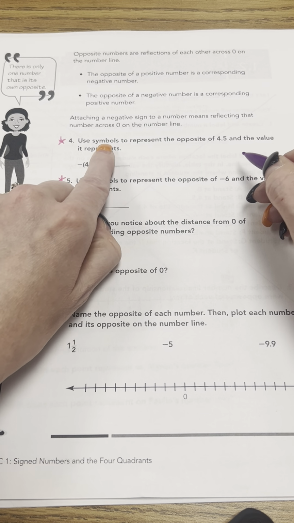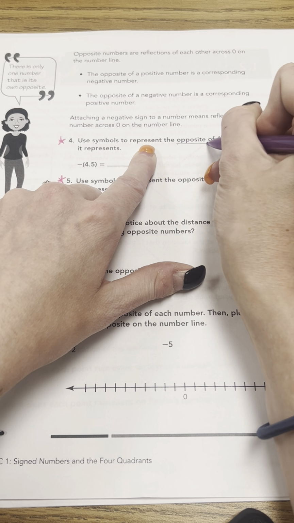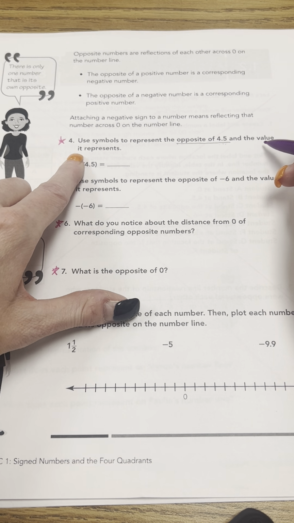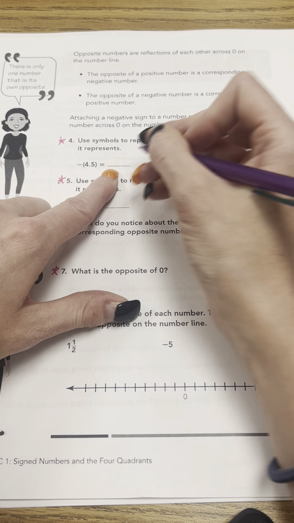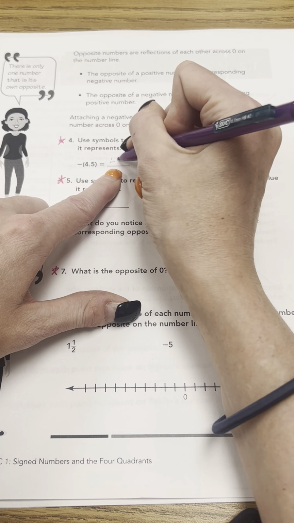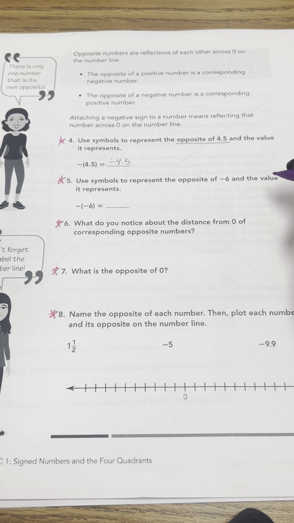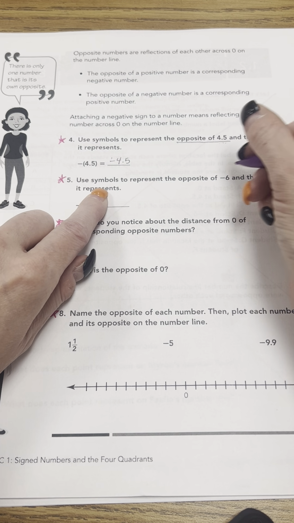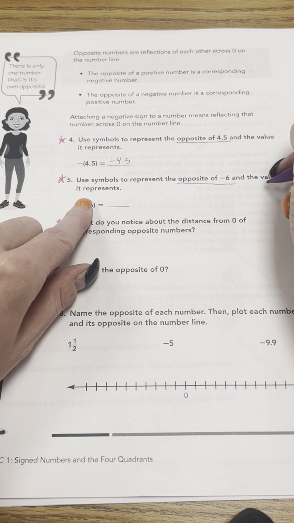Number 4, use symbols to represent the opposite of positive 4.5 and the value it represents. The opposite of positive 4.5 would be negative 4.5 because the opposite of positive is a negative. Going on to 5, use symbols to represent the opposite of negative 6 and the value it represents.